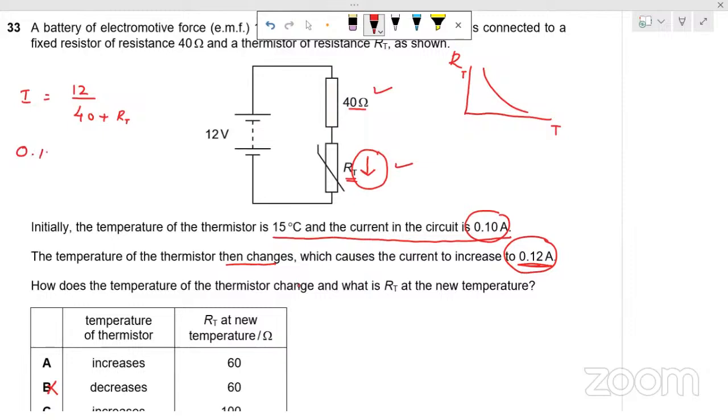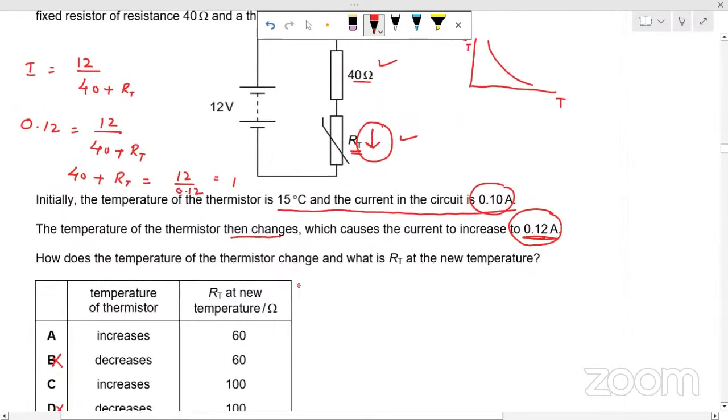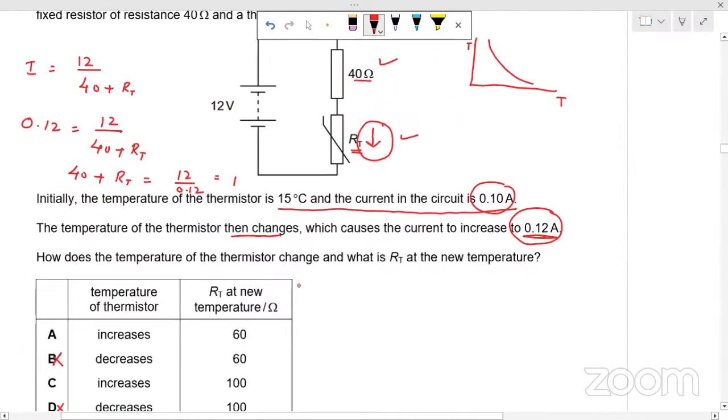And we know this current, that's why we can find easily the resistance of this thermistor. You can easily calculate 40 plus RT is equal to 12 divided by 0.12.